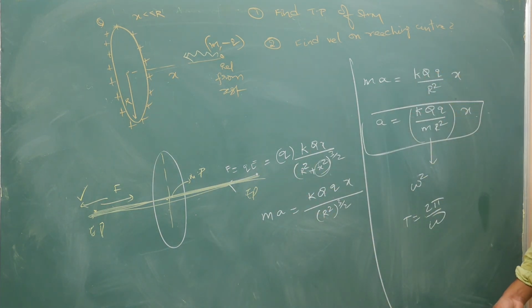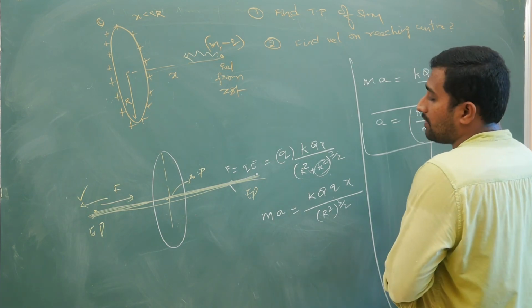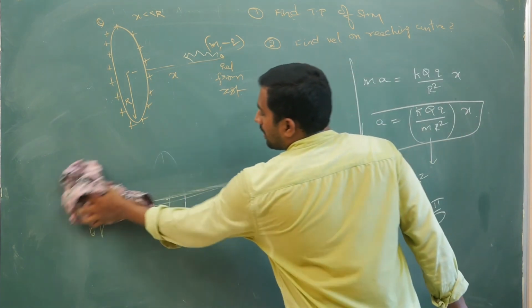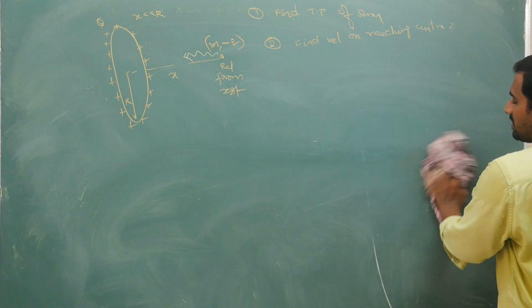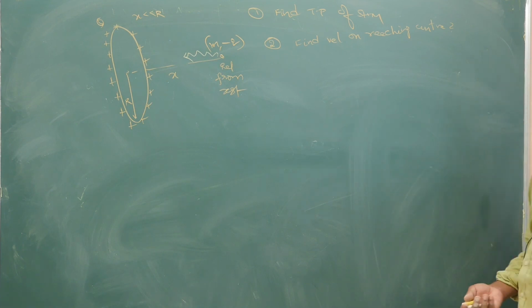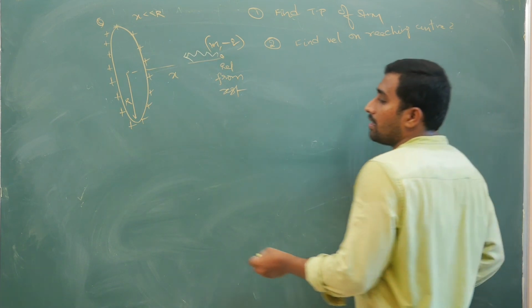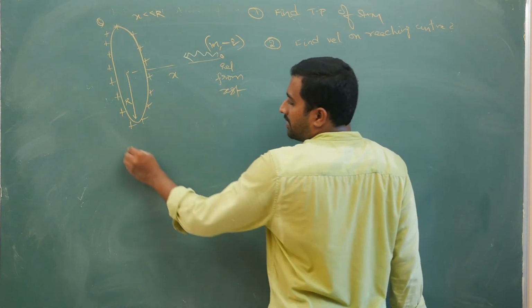Okay, now copy this part as well, and now we are going to calculate your velocity on reaching the center. First part of the question I have done the calculation. Coming to the second part. Now your electric force is conservative force.